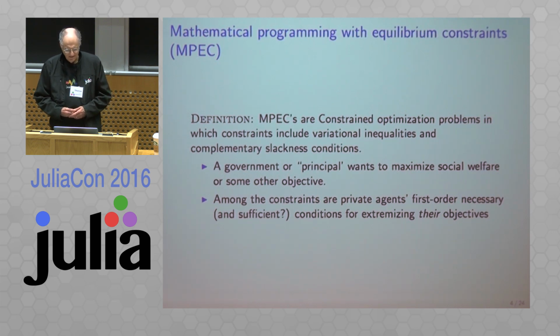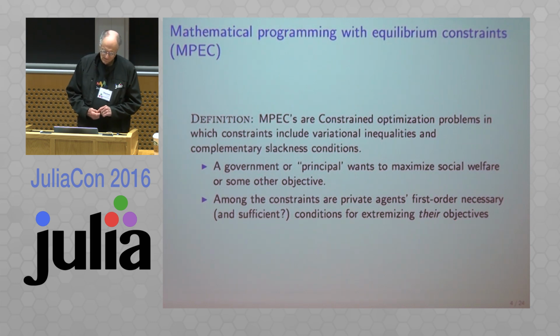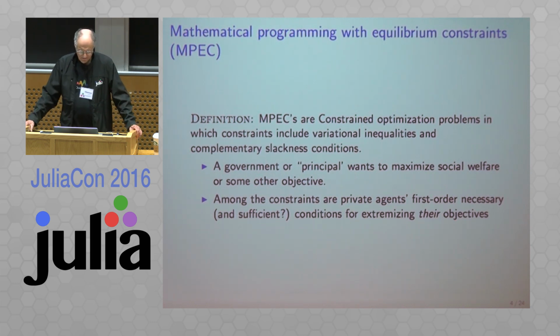An example of this: there's going to be a government or a principal. The MIT micro guys would talk about principal-agent problems. The government or principal wants to maximize social welfare or some other objective. But it's not just facing nature, it's facing people.